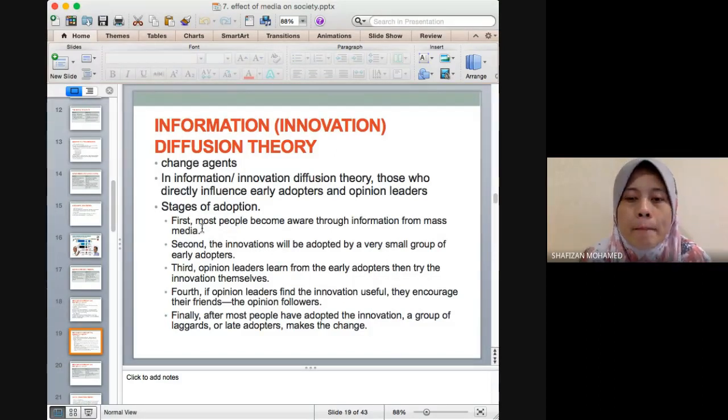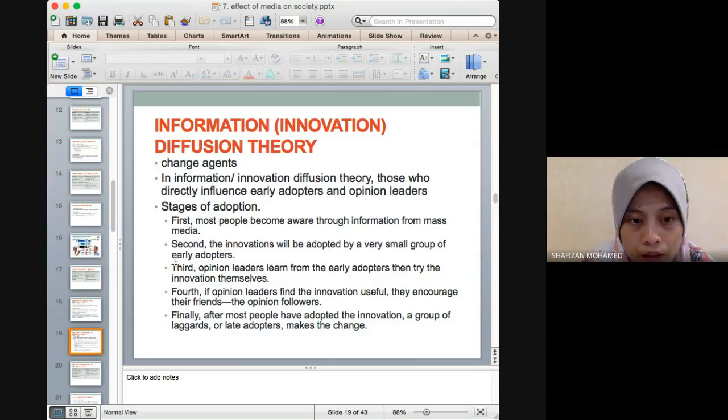But although you've seen it, it does not necessarily mean you will adopt it straight away. It is usually adopted first by a very small group of early adopters. Early adopters are usually those people who really know about the innovation or have an interest in the product.